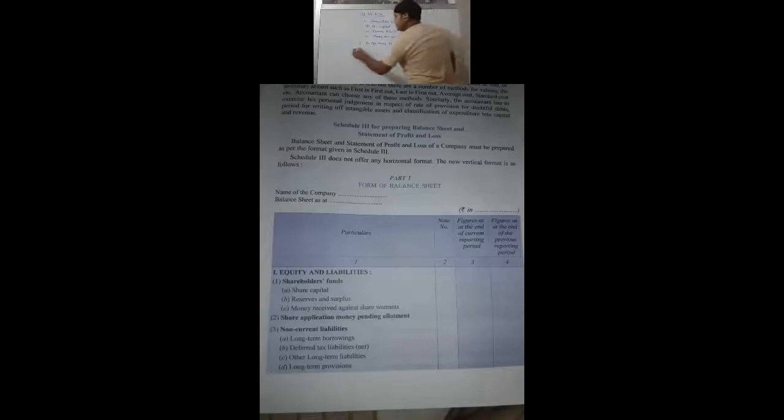Number third one will be non-current liability. So these are the main heads.